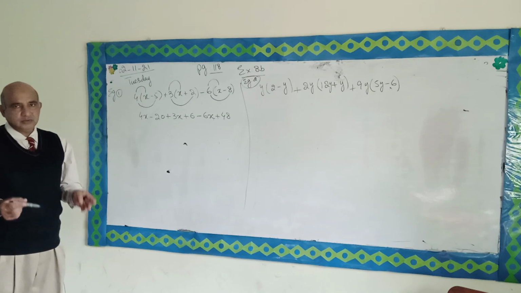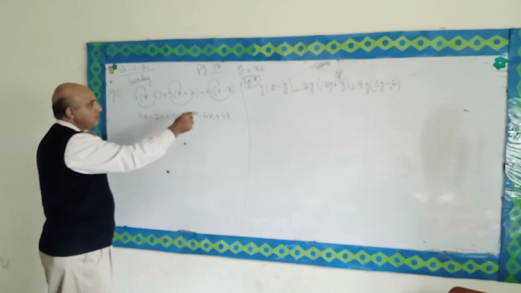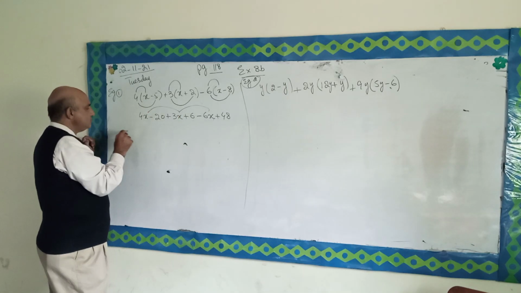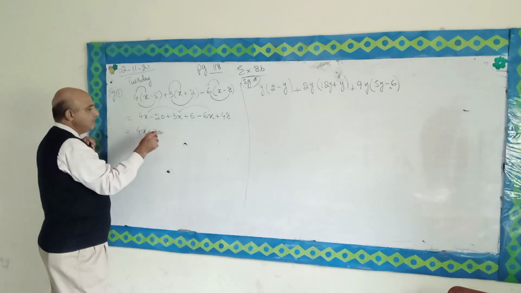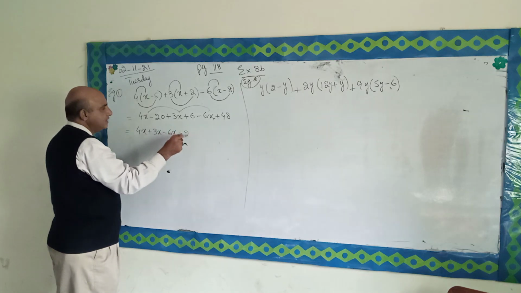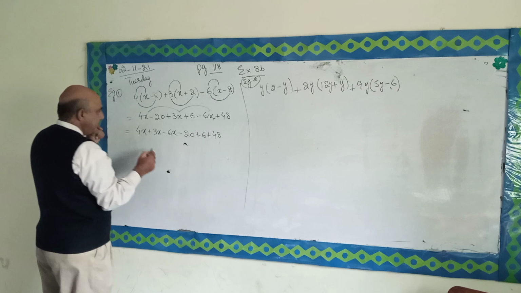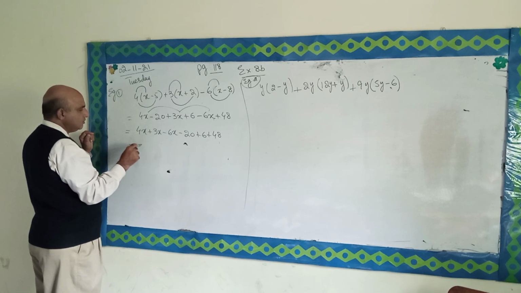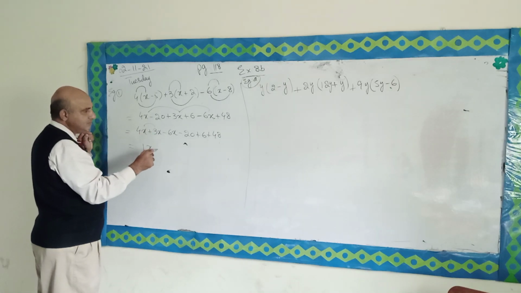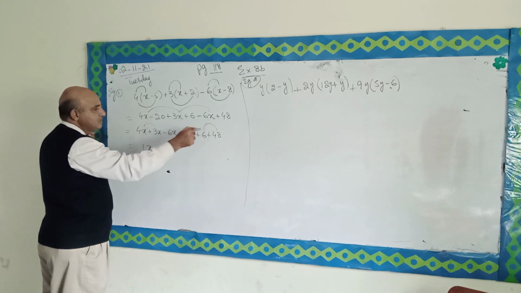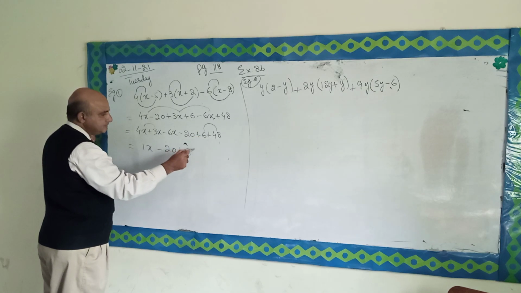Now we will write all the variables together: 4x plus 3x minus 6x, then minus 20 plus 6 minus 48. So 4 plus 3 is 7, 7 minus 6 is 1x. Then minus 48 plus 6 minus 20 is minus 62.